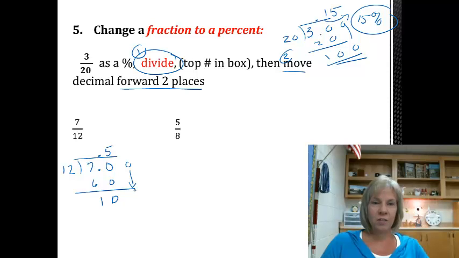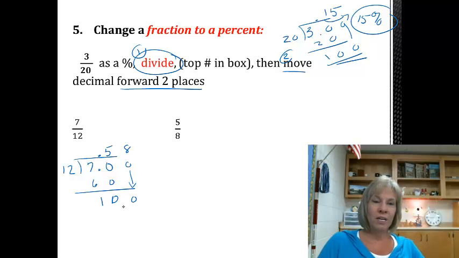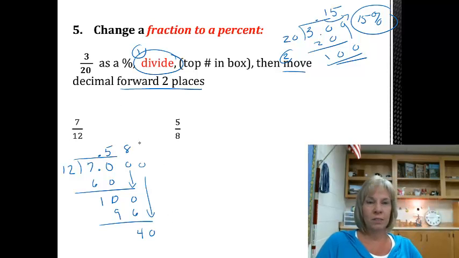Subtract, add a 0. 12 goes into 100. How many times? 12 goes into 100 8 times. 12 times 8 is 96. So 4. Bring down another 0. 12 goes into 40 how many times? 3, which is 36. Gonna run out of room. And I get a 4.